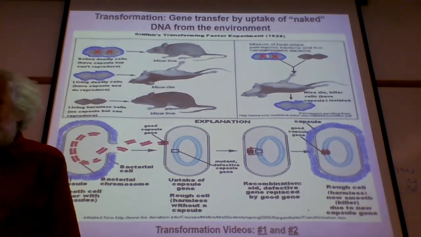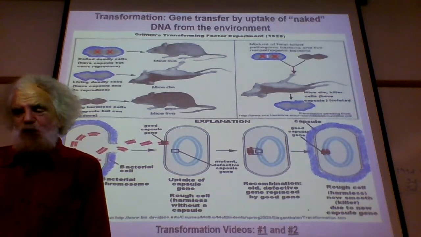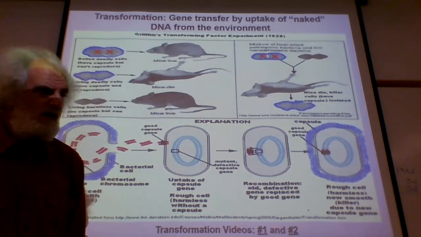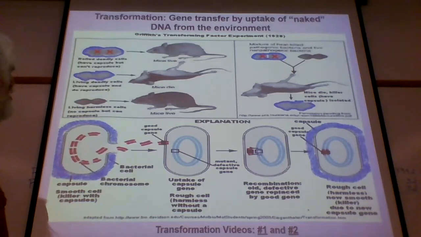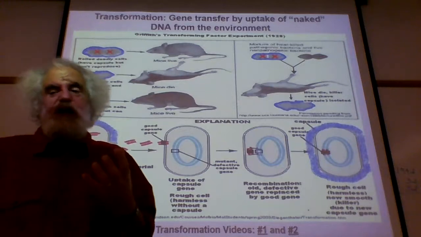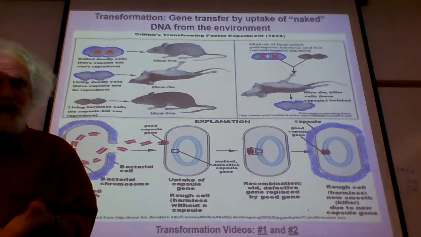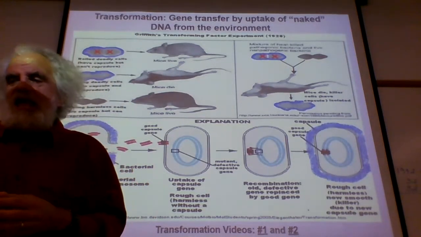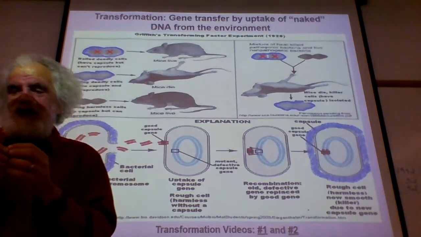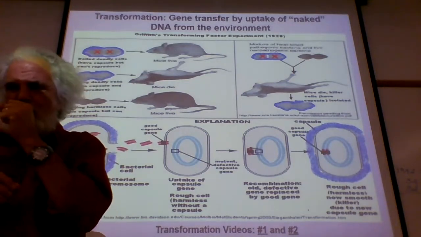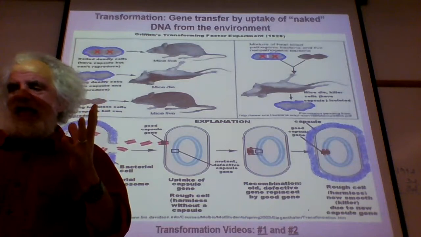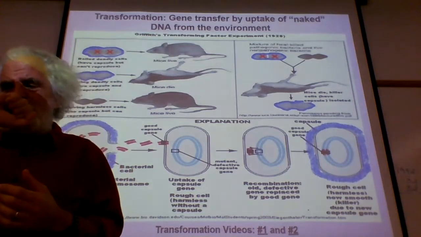So transformation we were looking at in the Avery experiment, in which we've got the bacteria that has the ability to kill mice. Actually it causes pneumonia. If we boil the deadly bacteria, that causes the cells to break apart and bust apart.